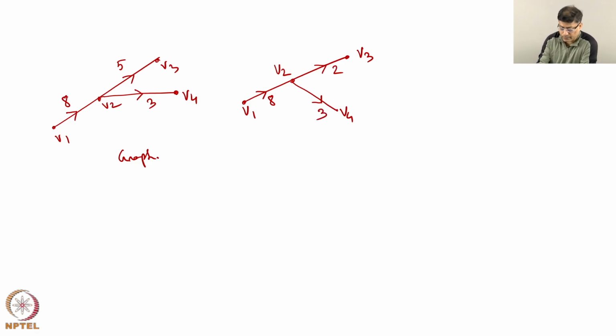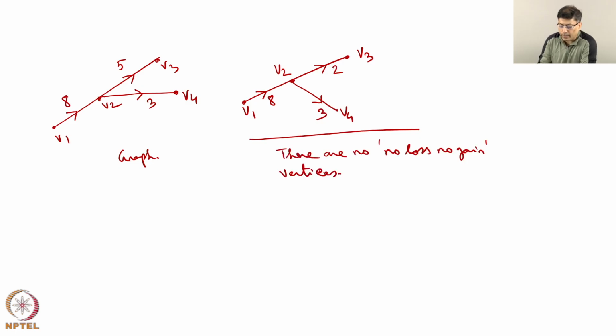That means there are no loss, no gain vertices, and you can see the total input to V2 is 8 and the total output from V2 is 5.